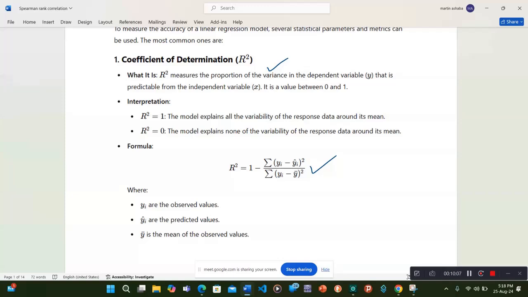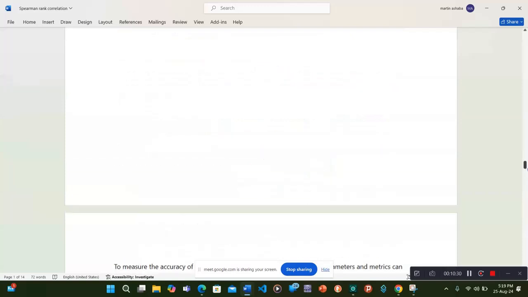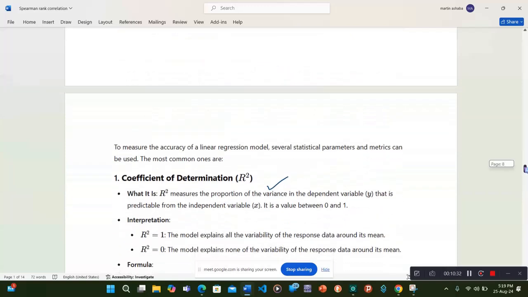This is the variance of the response, the variance of the y values, whereby y hat is the predicted value of y. Once you have the predicted value, you get 1 minus this component, and the r squared that you get will be the coefficient of determination.